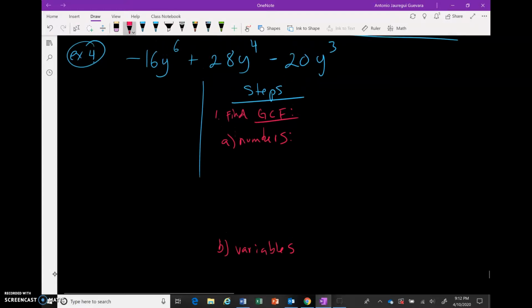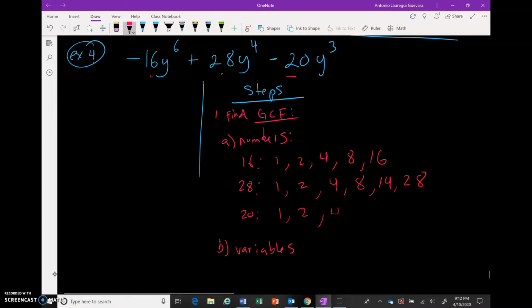So for the numbers, you want to take 16, 28, and 20, and list the factors. Factors for 16 are 1, 2, 4, 8, and 16. Factors for 28 are 1, 2, 4, 8, 14, and 28. Factors for 20 are 1, 2, 4, 10, and 20.